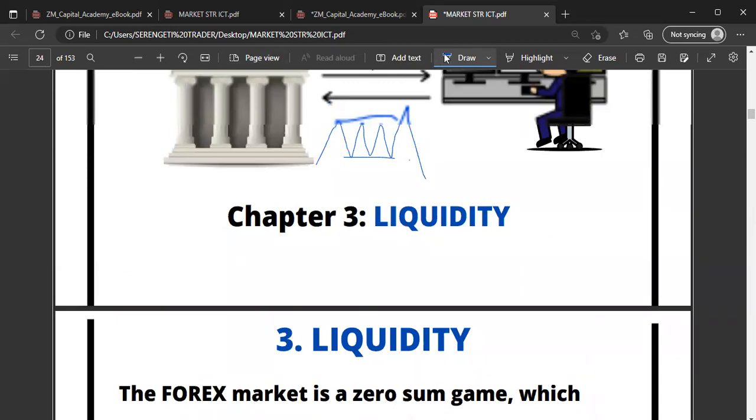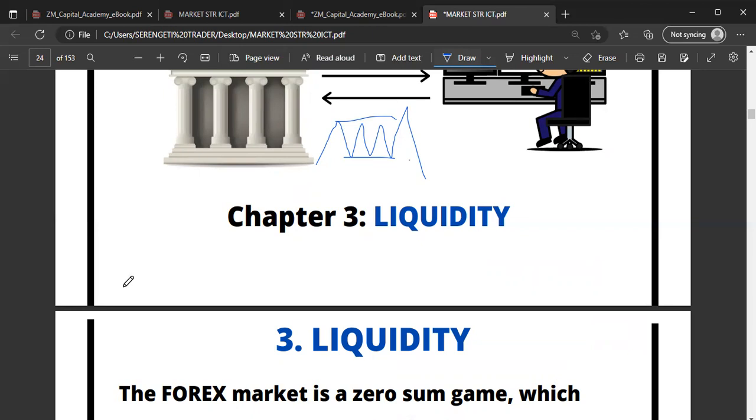We want to sell. We want to sell, but before those market makers sell, they buy. And what that means, before they sell, they buy. That means they create early selling opportunities.